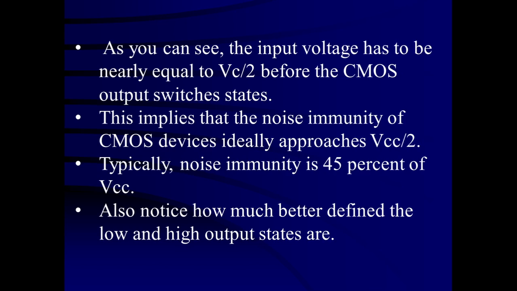But in the case of the CMOS, when the output is high, it is approximately VCC only. And when the output is low, in the case of the TTL, that window is from 0 to 0.4 volt. Here the output is almost ground, 0 volt only. So the output in the low state and high state is better defined in the case of the CMOS compared to the TTL.